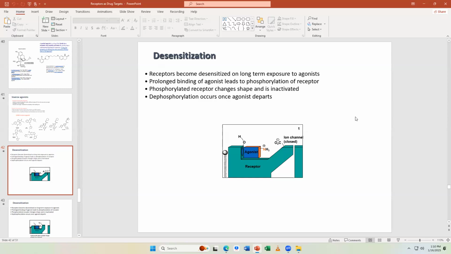Does each body system have its own unique receptors that are specific to that system? They all have different receptors. The dopamine, the histamine, they're all in different parts. That's why you saw all the opioid receptors.